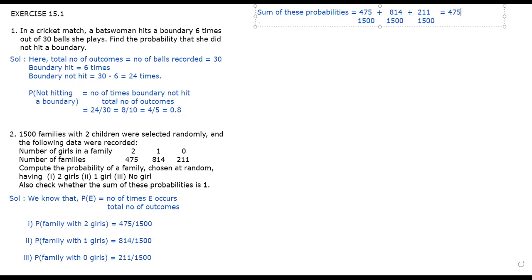Is equal to 475 plus 814 plus 211, common denominator 1500, obviously it's going to be 1500 upon 1500. Is equal to 1. Yes, sir. Sum of these probabilities is definitely going to be 1. Yes or no? Yes, sir. Probability of family with 1 boy is how much?